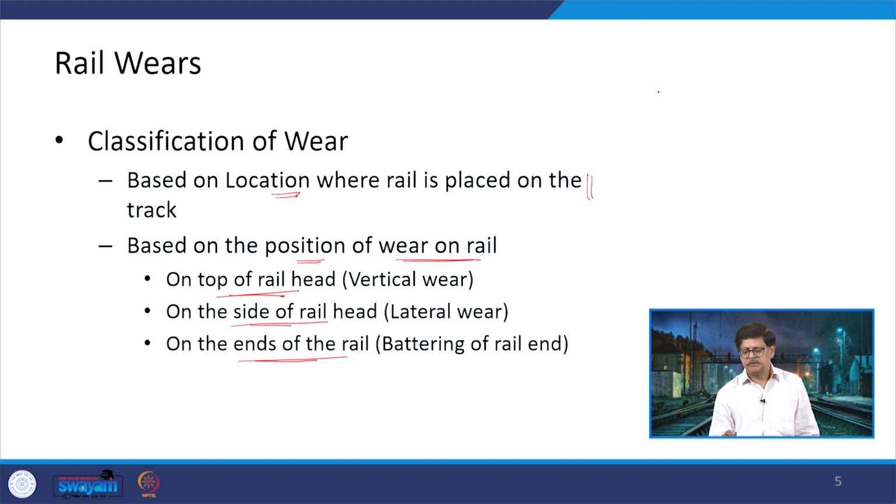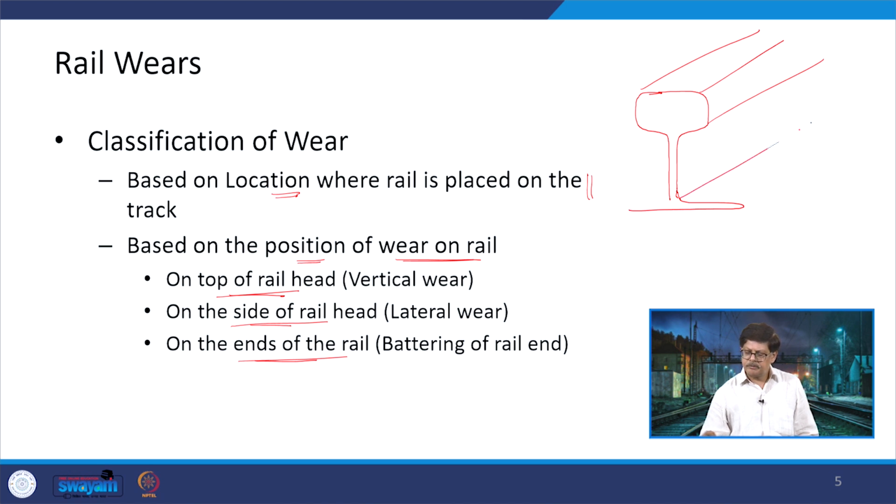So, that means when we are talking about a rail head here in this form, so on this particular rail head, if we extend it and say it goes into the form of a foot also. So, there is a possibility that it may happen here, or it may happen on this side or on this side.